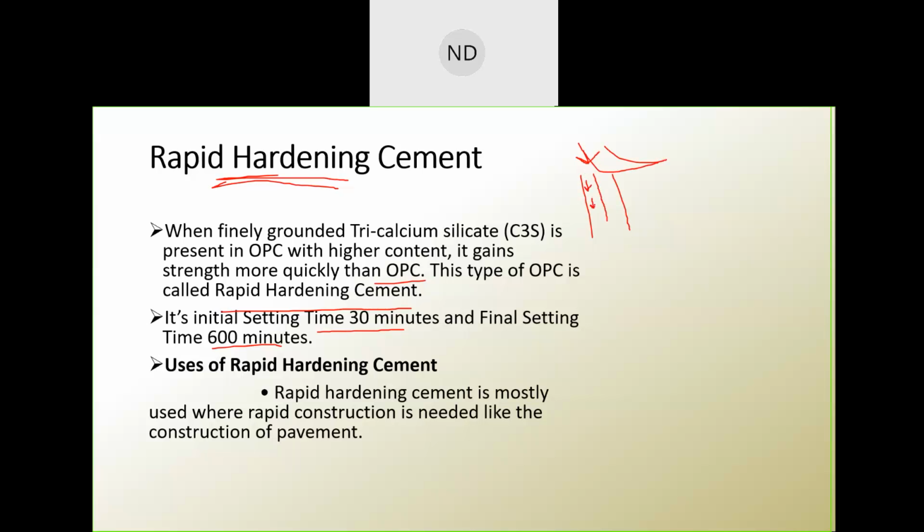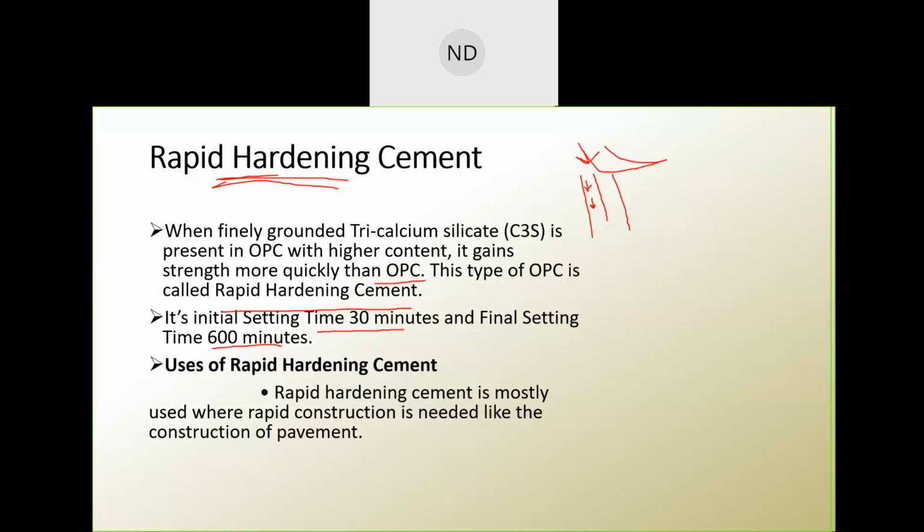So you are constructing this part of the pavement. This will obviously create traffic jams and chaos. It will also take a lot of time for the people. Time will be wasted.